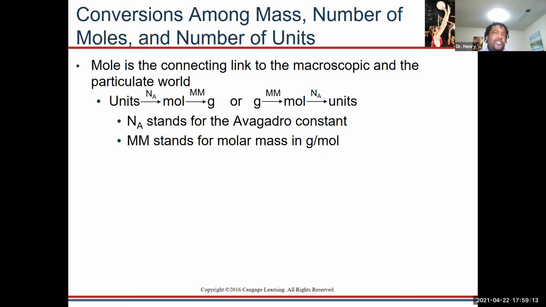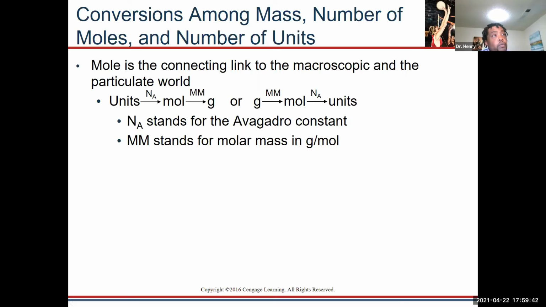Okay, so at this point, you guys should be pretty comfortable with understanding that we have units. When we make reference to those units, we could be talking about molecules, atoms, ions, or girlfriend, right? If I want to determine the number of moles, I'm going to use Avogadro's number. That's what the capital N_A stands for, Avogadro's number, or Avogadro's constant.